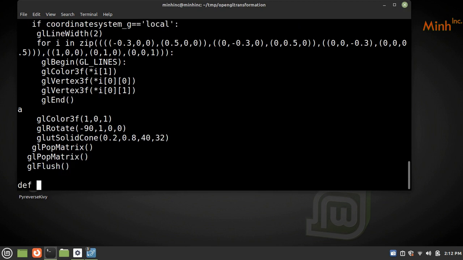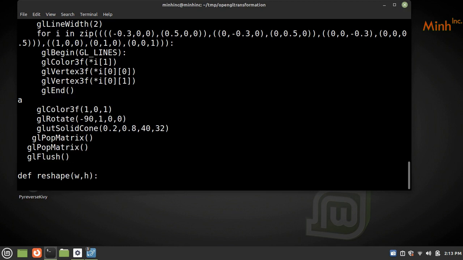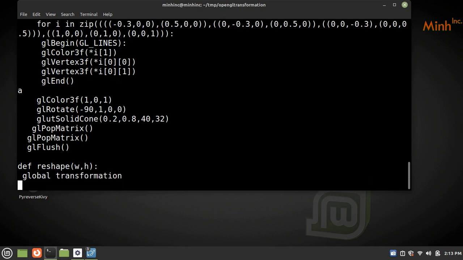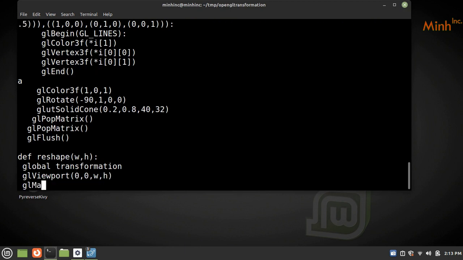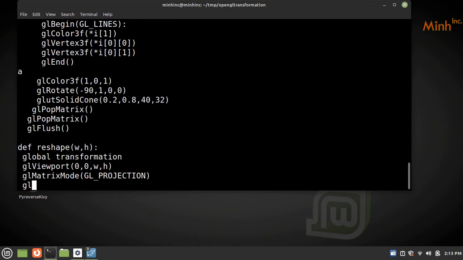Okay, now we'll have def reshape W and H. We have global transformation, glViewport. So glViewport is this, and glMatrixMode, GL_PROJECTION, glLoadIdentity.